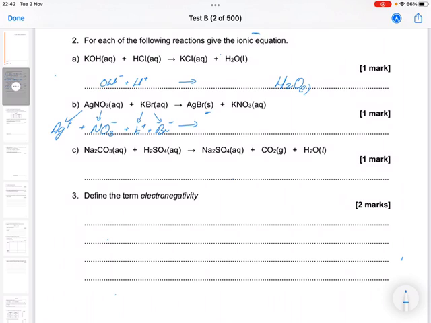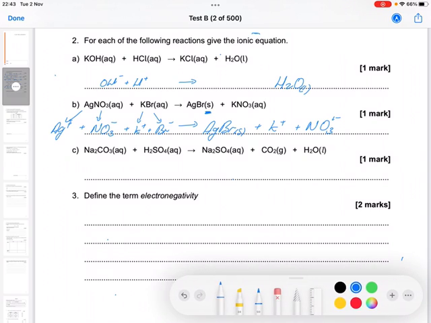Now this is a solid, so you cannot dissociate that at all. So AgBr, plus, and then potassium nitrate, that's ionic and aqueous, so K plus and NO3 minus.